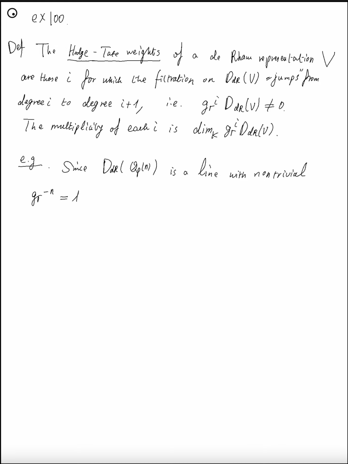So this will be dimension 1. We hence have this Hodge-Tate weight, minus n. And the multiplicity is 1 because the dimension is 1.